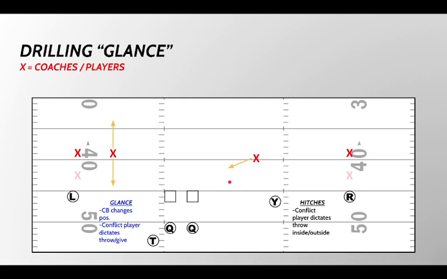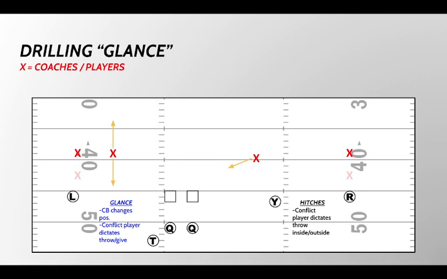Now, to the left-hand side here, we're going to be working glance. So we have two defensive players here. We have our L receiver, our outside receiver, running back, quarterback, and center. They're going to be working in unison. When the ball is snapped, a corner is going to either be pressed or he's going to be off.